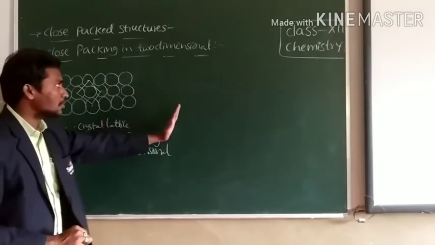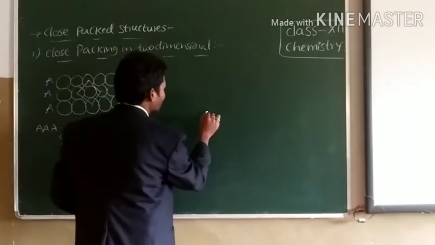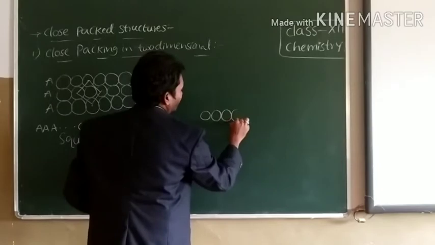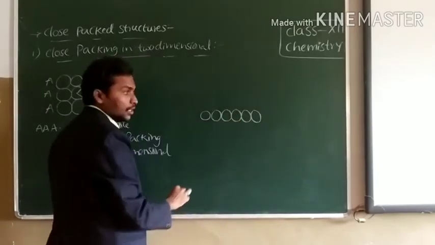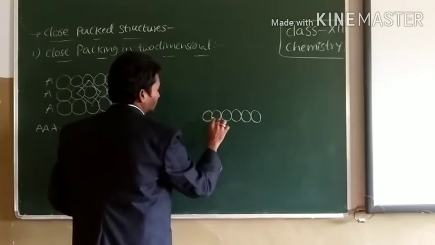This is one way we can arrange atoms in two dimensions. There is another way we can arrange atoms in two dimensions. Let us see that. Let us consider the atoms in the first row. Let us consider now the second row.